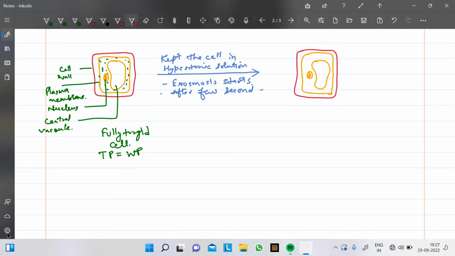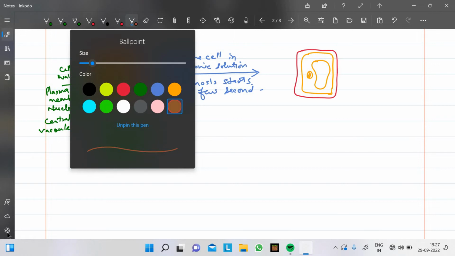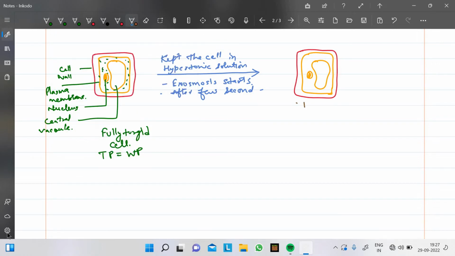In this case, turgor pressure becomes zero. What does it mean? The protoplast is in contact with the cell wall, not pushing it.